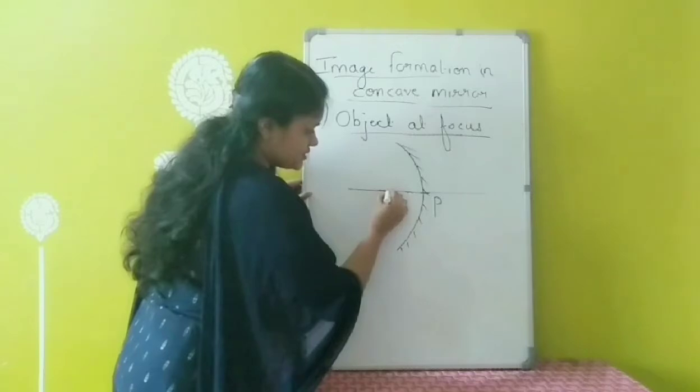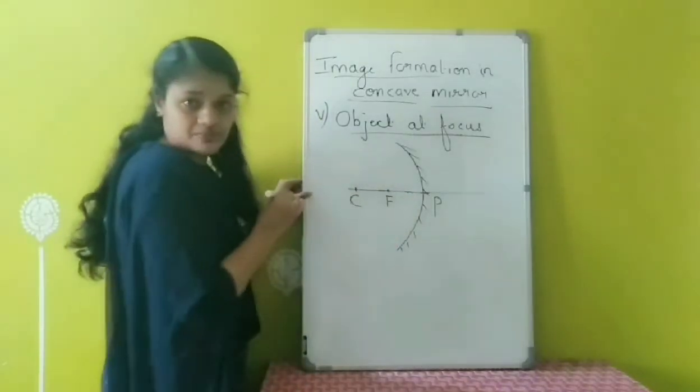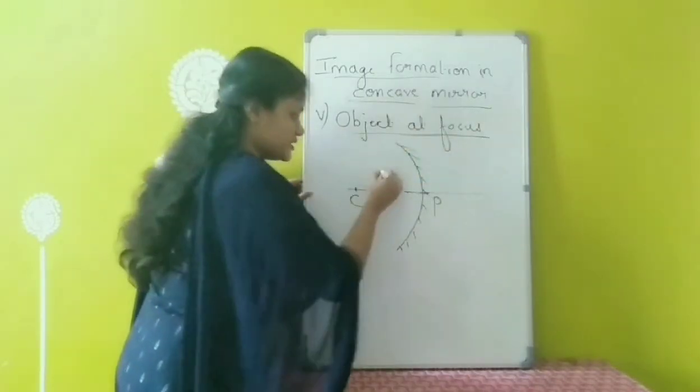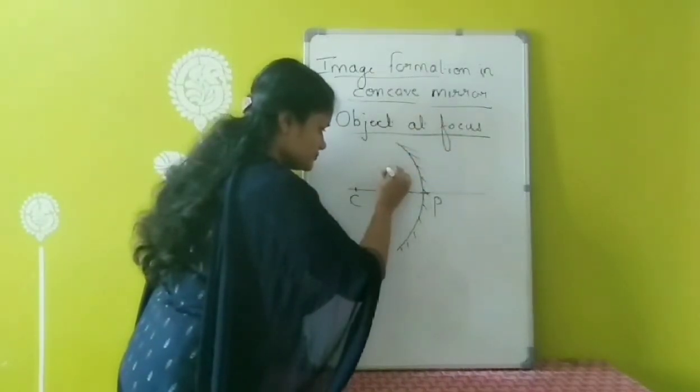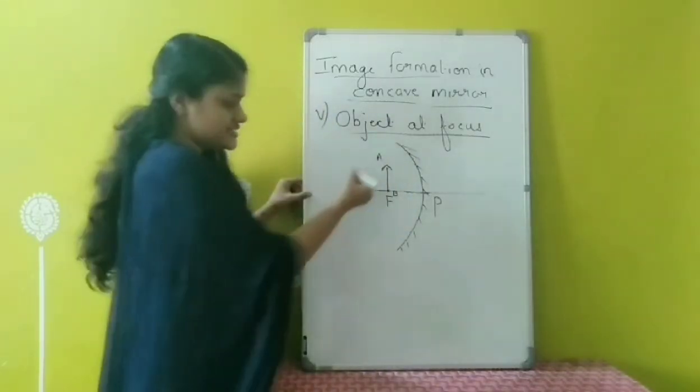Somewhere here is the focus, and somewhere here the center of curvature, and here the object is at focus only. So I am placing the object here. This is the object AB. We are placing it at focus itself.